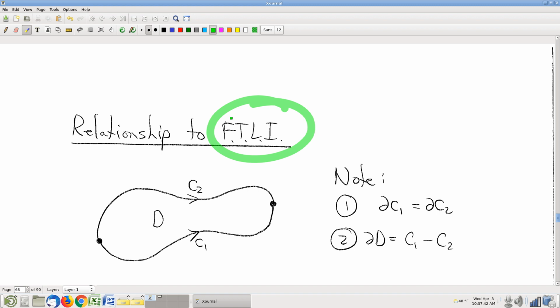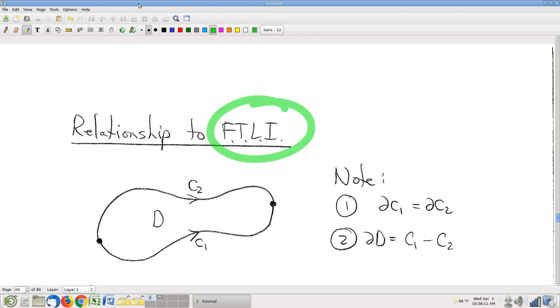And when you're doing line integrals, you're talking about stuff like path independence. Green's theorem is seemingly in a totally different context. Green's theorem is talking about areas and double integrals, but also line integrals.